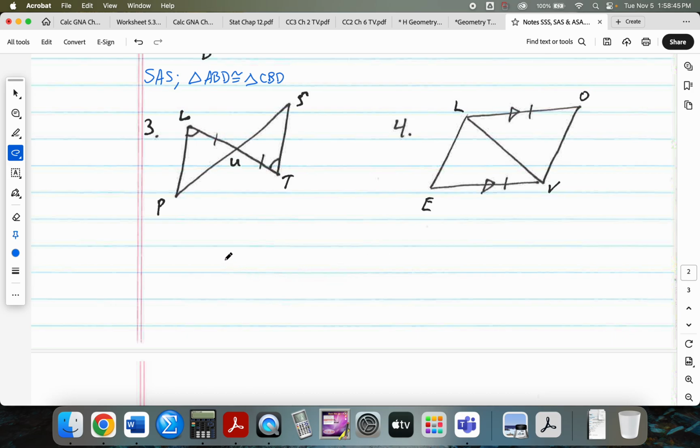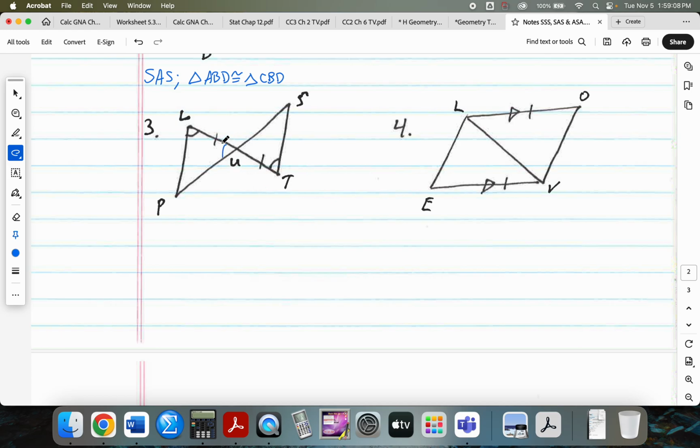For number three, we've got one pair of angles marked and one pair of sides marked. That's not enough. What is it in this diagram that we know are congruent all the time, that we've been using since the second unit in the year? The vertical angles, exactly right.